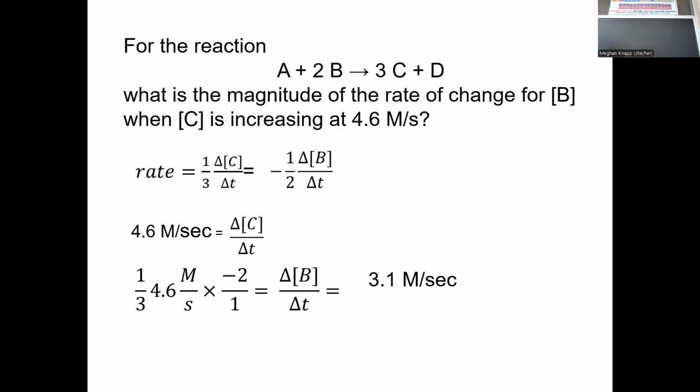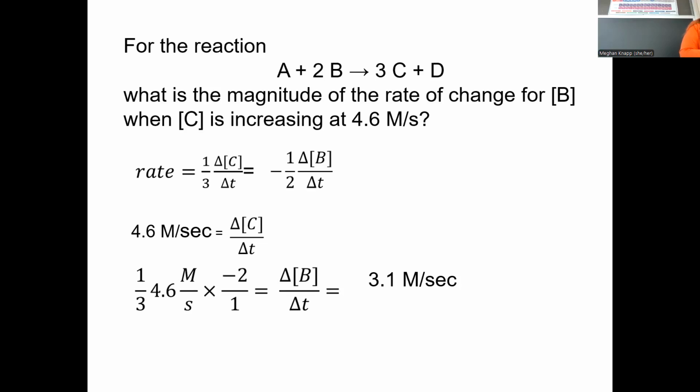So when we get actual numbers, it's going to cancel out that change in B being negative. And so we'll end up with 3.1. So if you're looking at this on a test, pretend the negative isn't there. If you're comparing one thing to another, just pretend the negative isn't there. Just do the coefficients and don't worry about the negative.